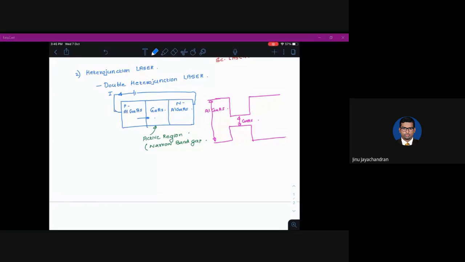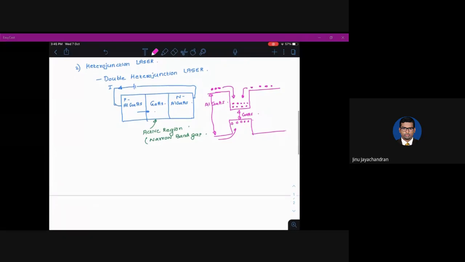If you look at the band diagram, what happens is the electrons from the conduction band will be pushed inside the well. So this is a quantum well where the electrons will be pushed and it will make itself in different energy states inside the quantum well. Similarly, the holes will also be pushed to the quantum well.